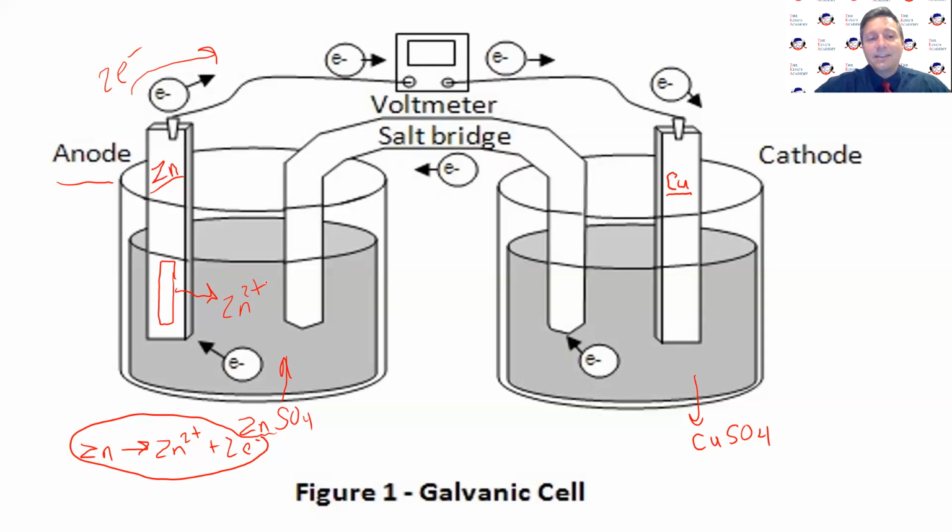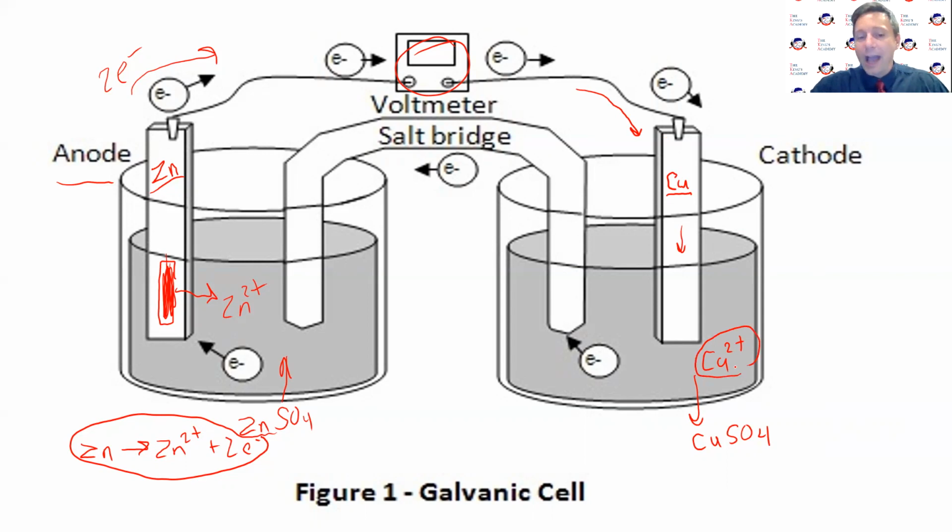So you could say the size of this zinc right here is diminishing. It's shrinking. So the electrons are going to travel across. You can follow this. You could have a light right here. You could have a voltmeter or something to measure. But what is going to happen? We're going to come over to this side here, and the electrons are going to travel down through this copper plate, down into the solution. What is going to happen is inside here, we have Cu2+ ions in solution right here.